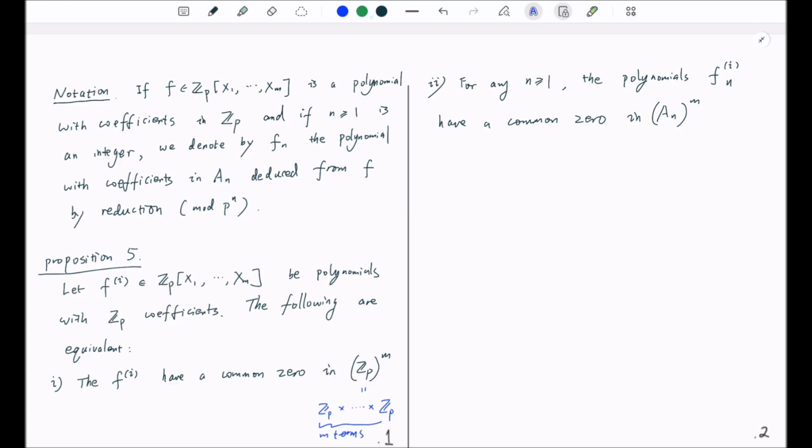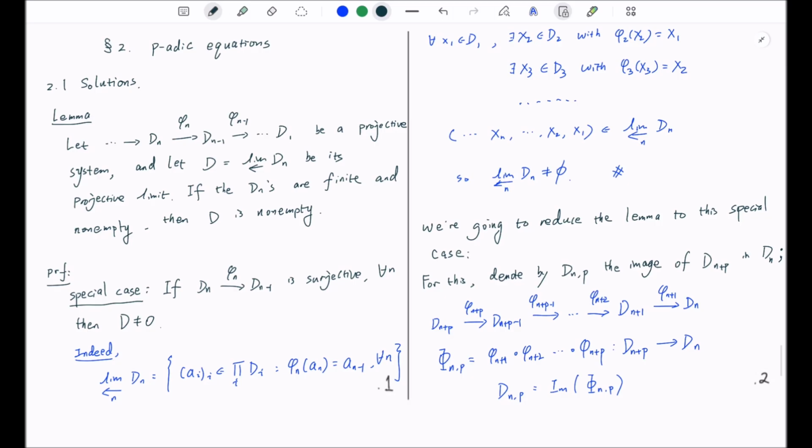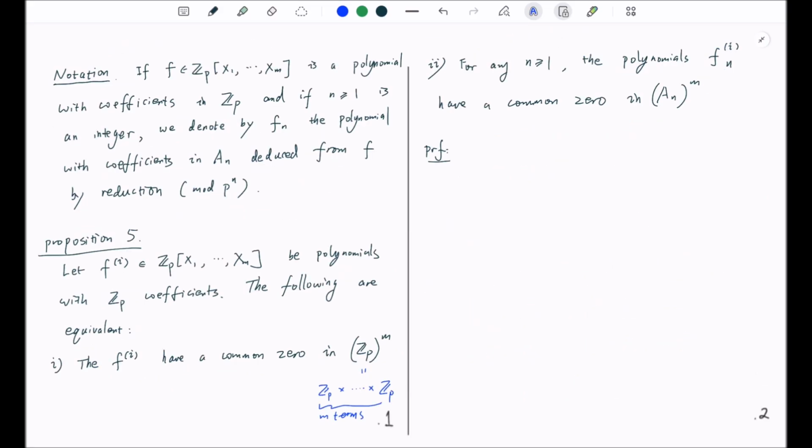Now let's prove this. The proof is based on this lemma, where the existence of the common zero will be translated to the non-emptiness of the projective limit. And those D sub n's will correspond to the common zeros for f_n's.